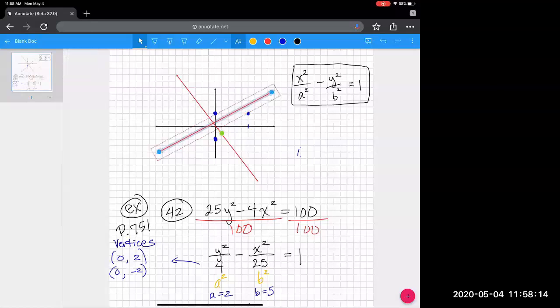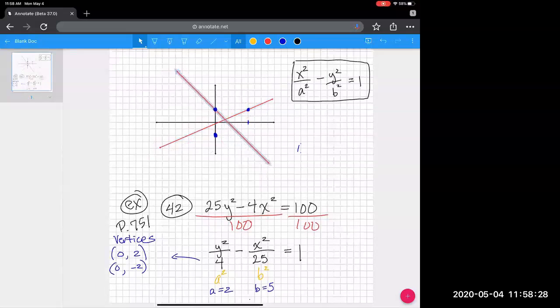There we go. Except I missed my point. There we go. And so similarly, this line would go through the one below there. And this line will go through the point over there.